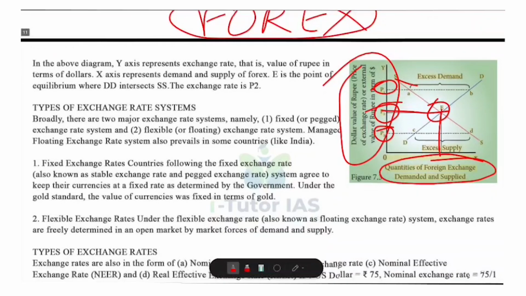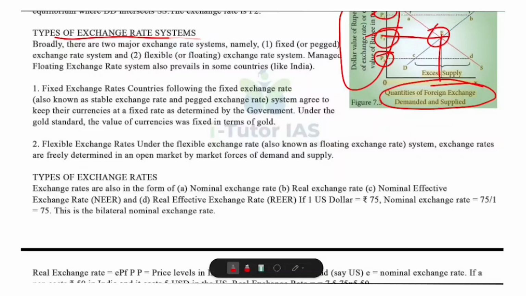Now, types of exchange rate systems. Exchange rate systems describe how a country's currency value is determined against other countries' currencies. Broadly, there are two main types, with a hybrid system used by some countries like India. They are the fixed exchange rate system and the flexible exchange rate system.